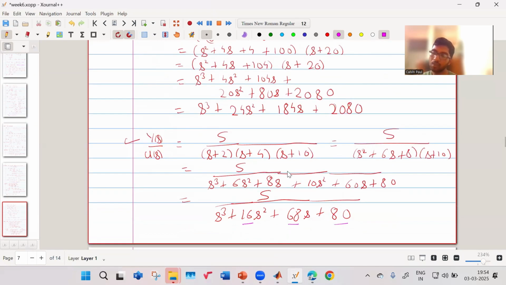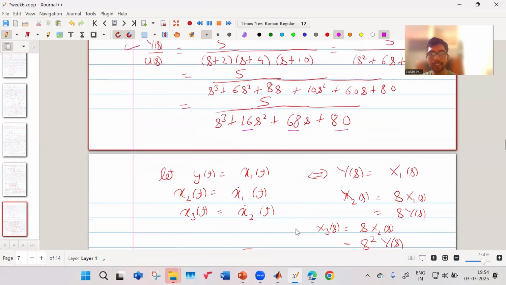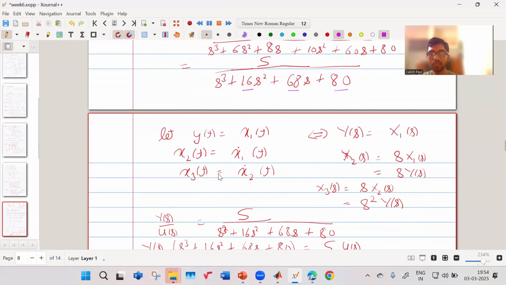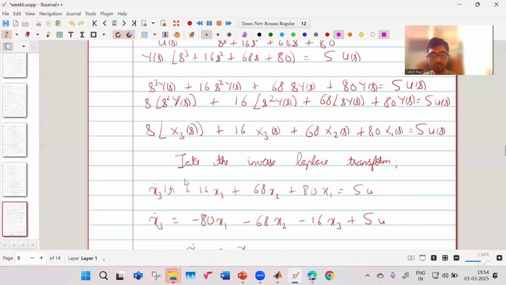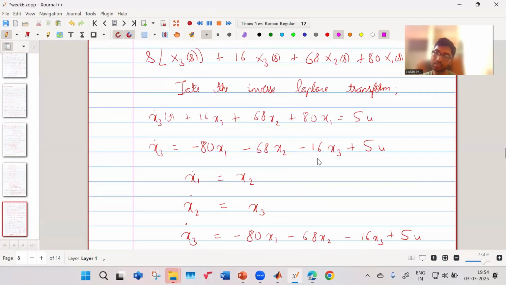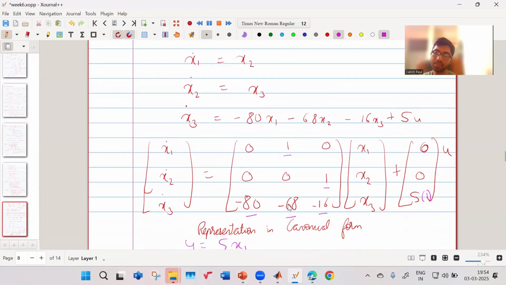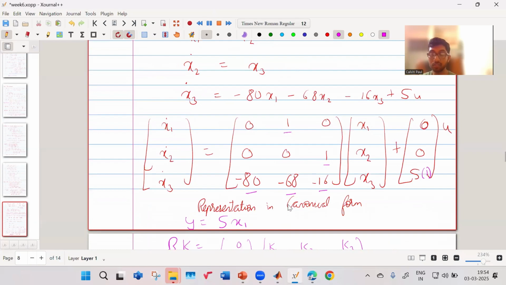It was in poles, and we made it into the form of a polynomial, which is given here. Then to convert it into companion form, there's this method. We find the inverse Laplace transform, etc., and we get the matrix in companion form. Sorry, this is not canonical form, this is companion form.